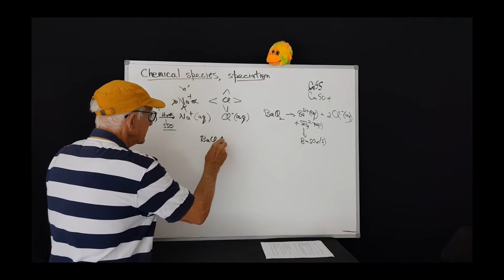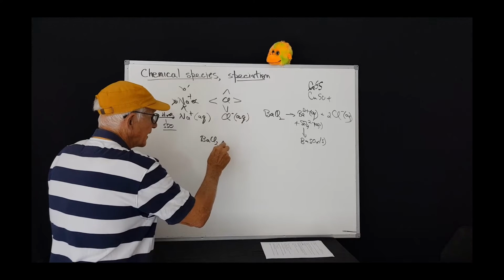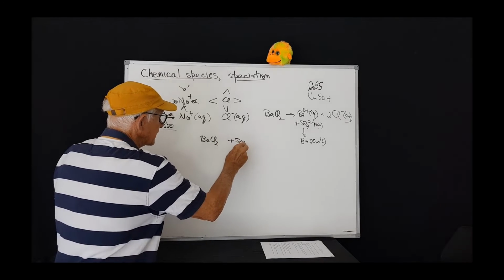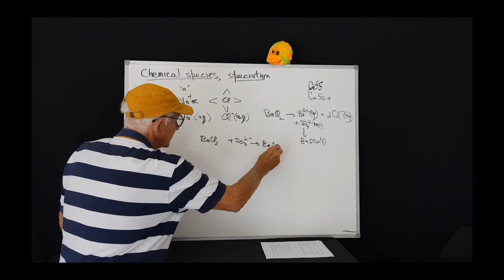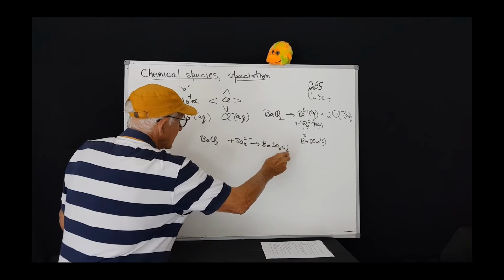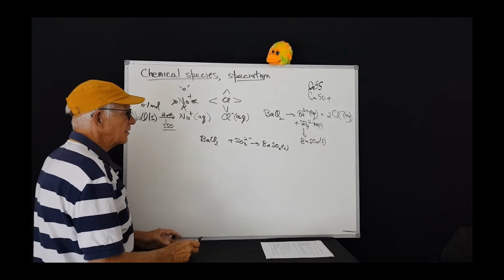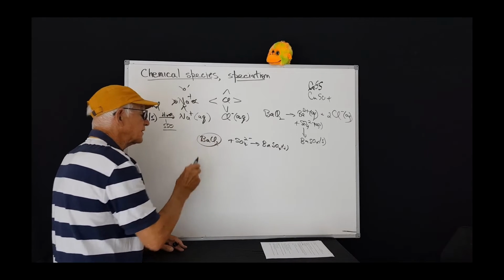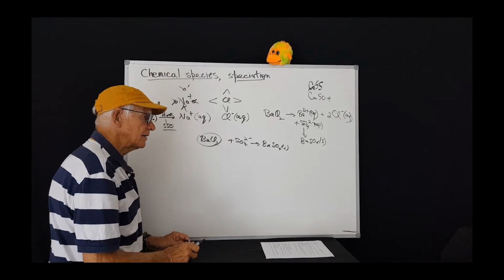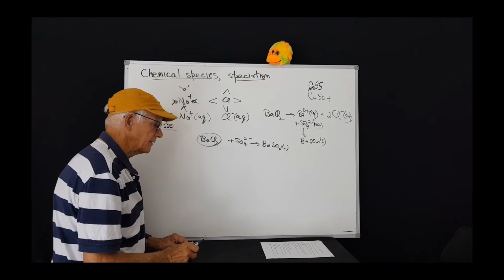Barium chloride, often aqueous, and sulfate ions give barium sulfate and some chloride ions left over. But that really is misleading because there is no such thing as barium chloride in a solution of barium chloride.